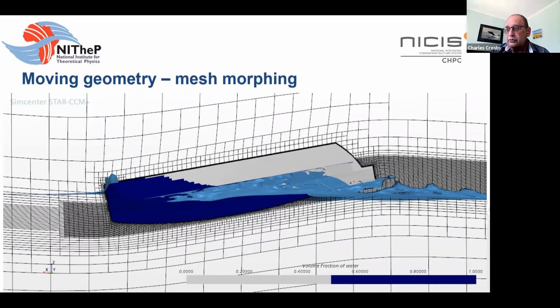And there are a couple of different ways of doing it. And this is the method that has become better and better in very recent times, which is mesh morphing. You're basically regarding the mesh as a big piece of sponge or foam, and it deflects. You can set it typically so that the regions in the immediate vicinity of the body remain fixed relative to the body.